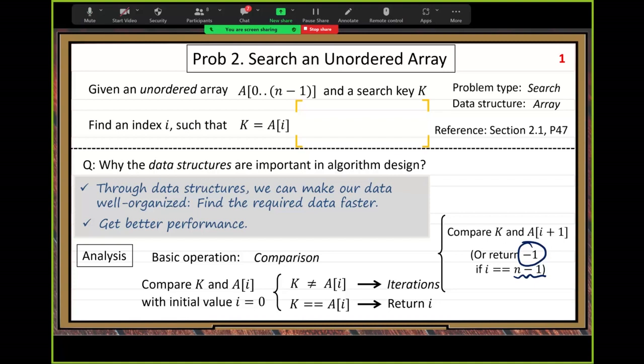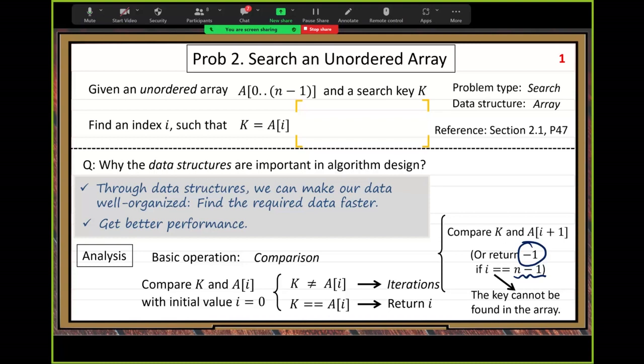Because -1 is not a valid index, right? So when you see the search function returns a negative value, you know the special meaning. It means the key cannot be found in the given array. So that's the typical way people do the simple search here.